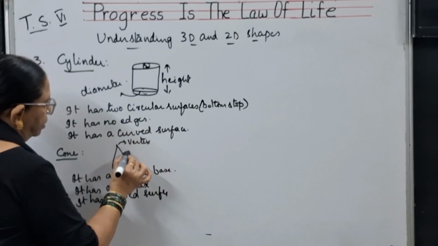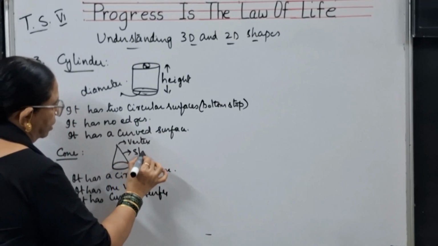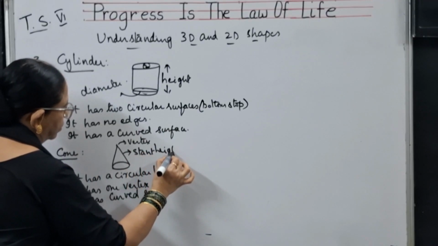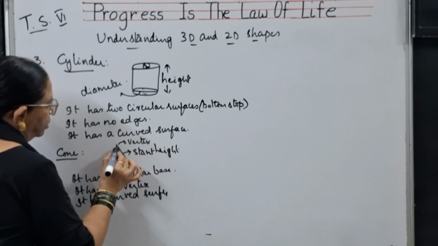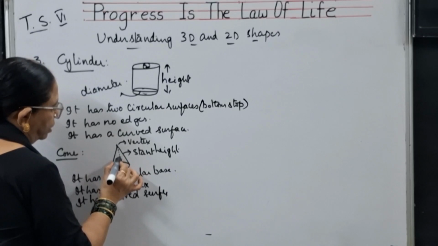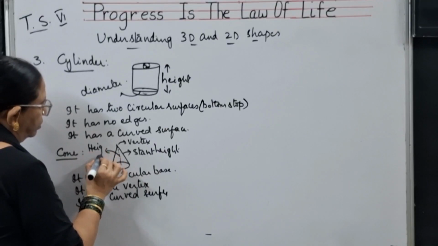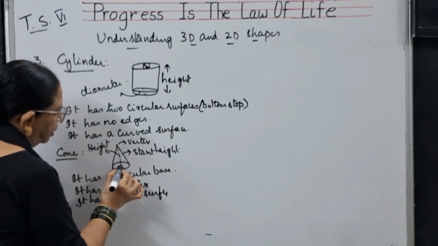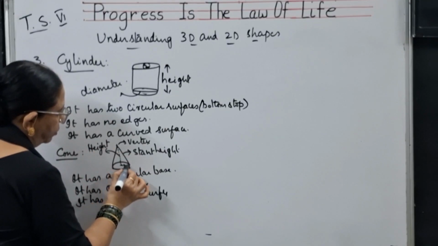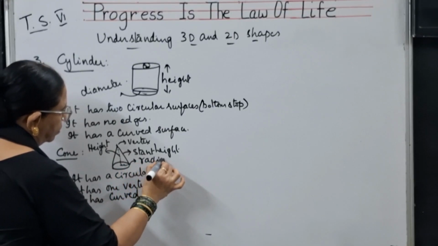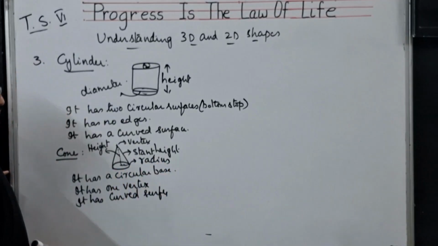And this is called slant height. And inside it will be having a height. The line inside is called height, the perpendicular one, and from the center if you draw, this is a radius. So these are the various parts.